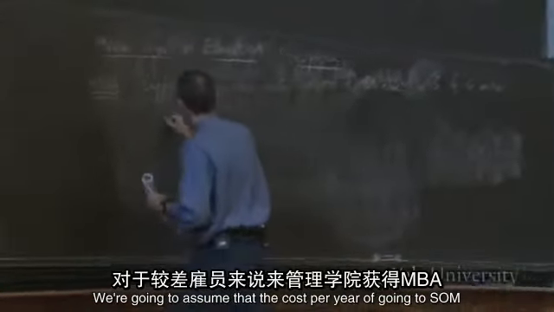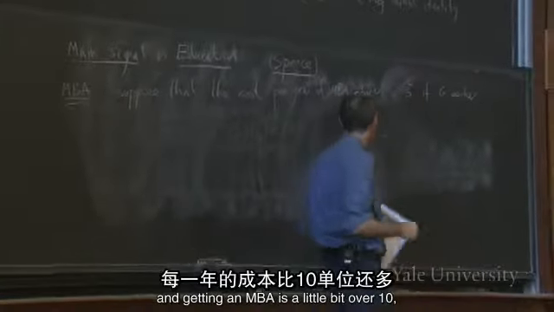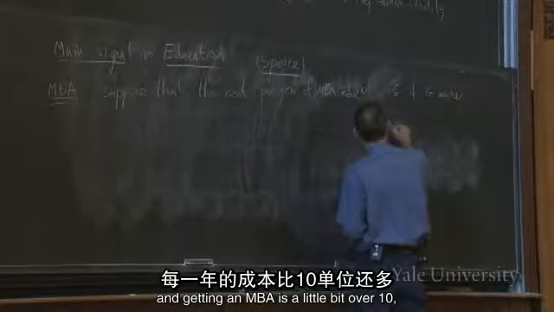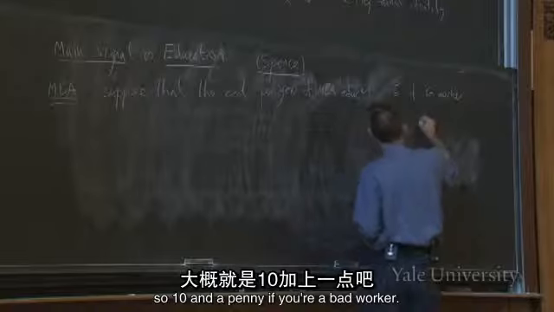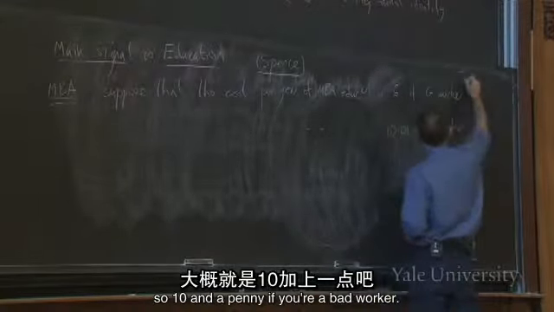And we're going to assume that the cost per year of going to SOM and getting an MBA is a little bit over 10, so 10 and a penny, if you're a bad worker.